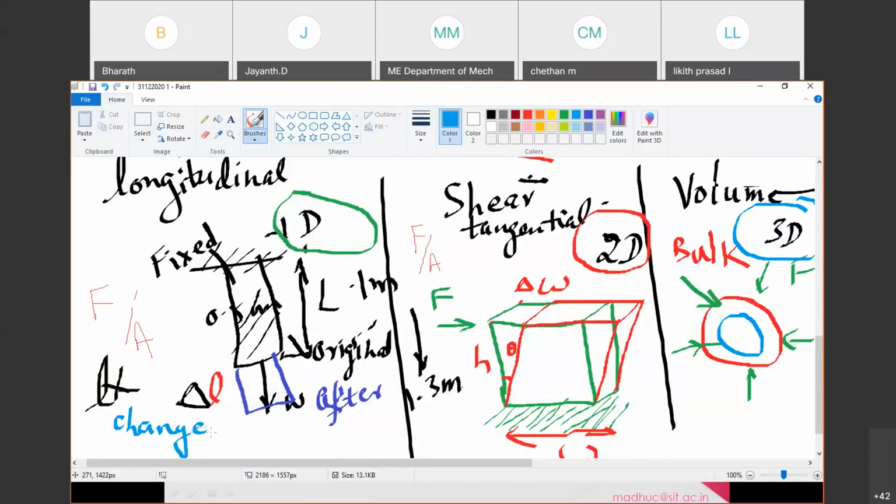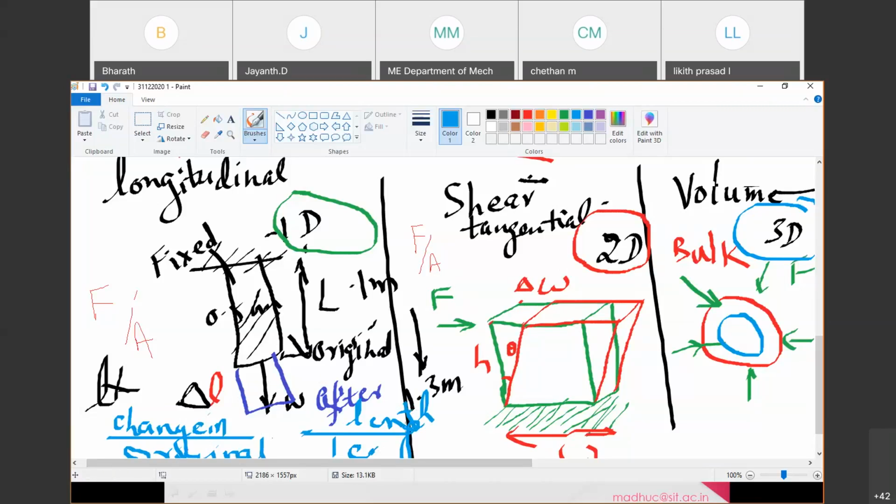In the first case we have an effect only on your length, so this is change in length by original length.